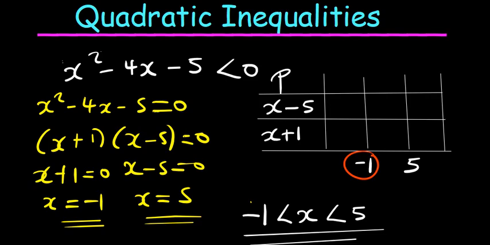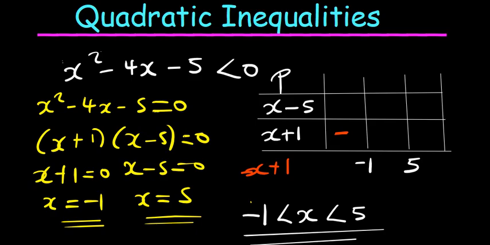So we're going to get a number that is less than -1. Any number less than -1, let's say -2, and we put it in x plus 1. -2 plus 1 is going to give me -1, which is a negative answer. So in this region going below -1, I'm going to have negative numbers.